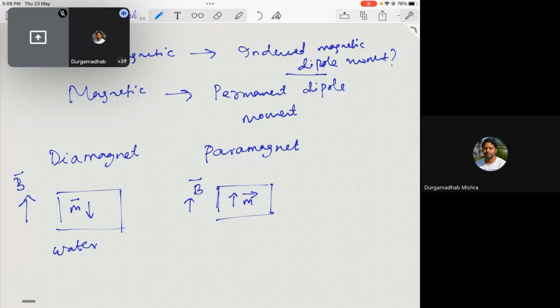Copper is actually a diamagnet. Most materials, in a sense, are paramagnetic in nature. And out of those, iron, cobalt, and nickel typically are the most famous ferromagnetic materials.